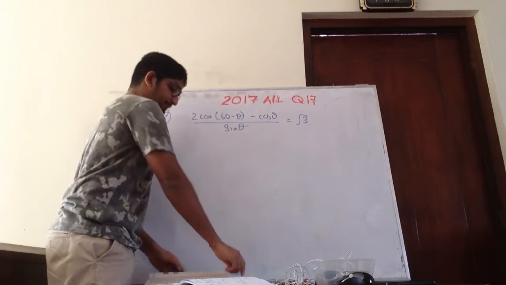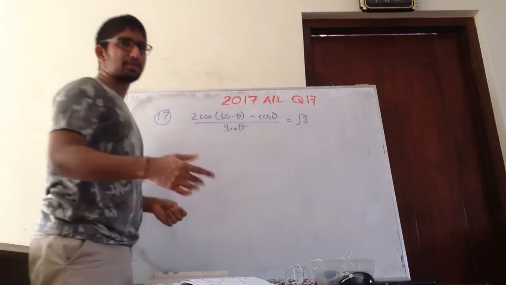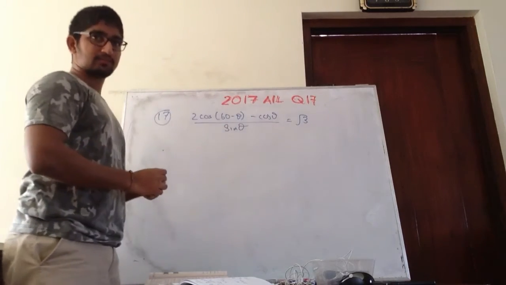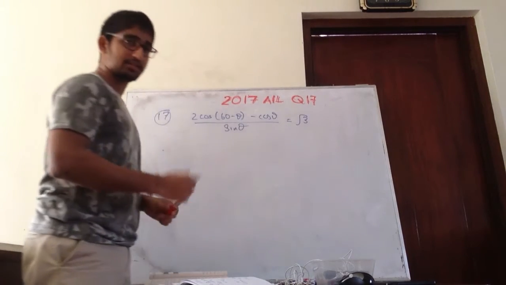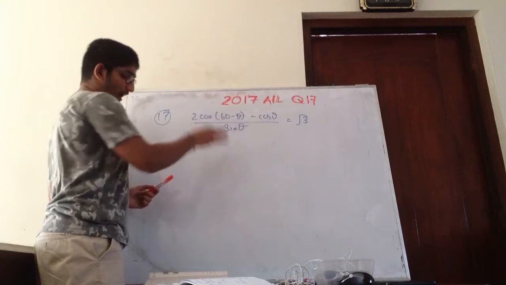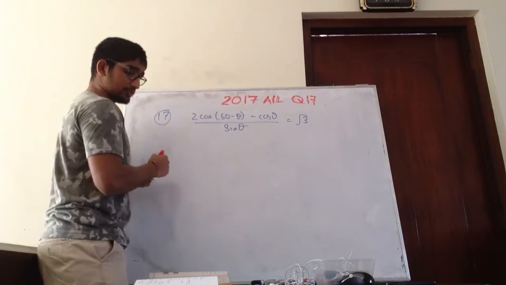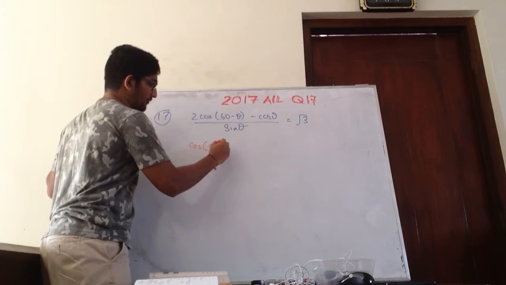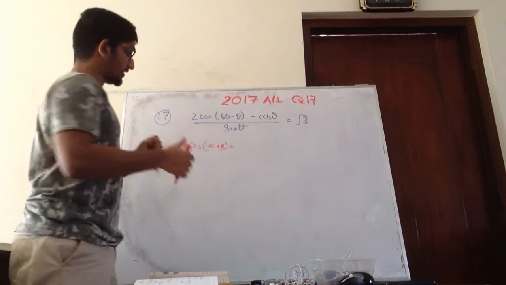Before proving this, what we basically need to do is expand this and get the answer. I'll remind you of some of the theory that we need here. If I take cos(alpha plus beta), what is the expansion of it?